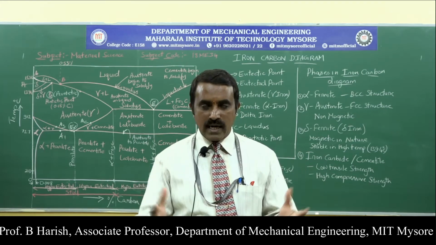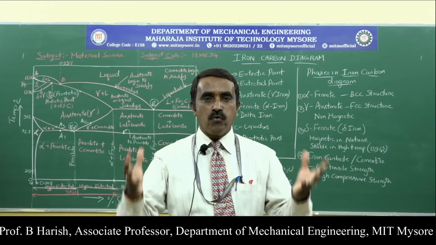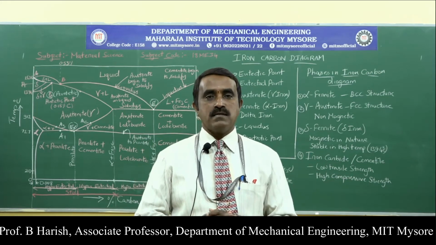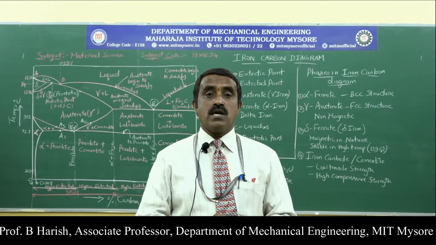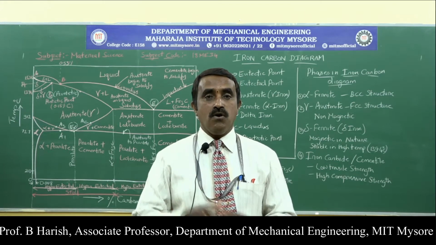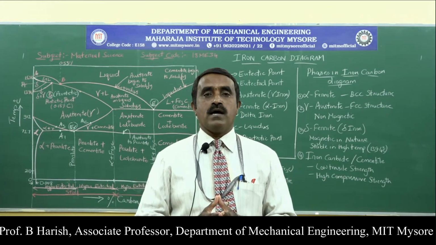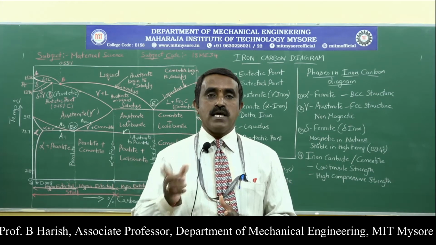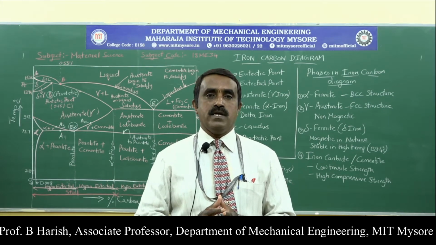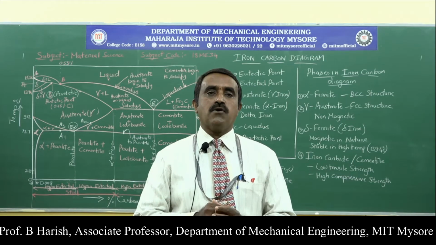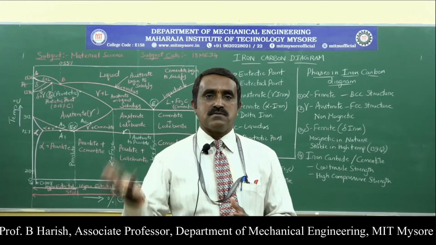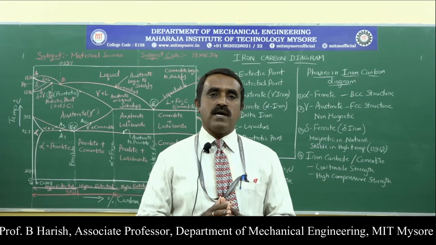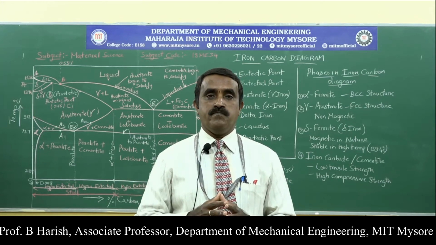How do we get this variation, these different types of iron? All these types of iron differ in carbon content. When carbon is added into iron, as the percentage of carbon varies, we get different forms of iron.